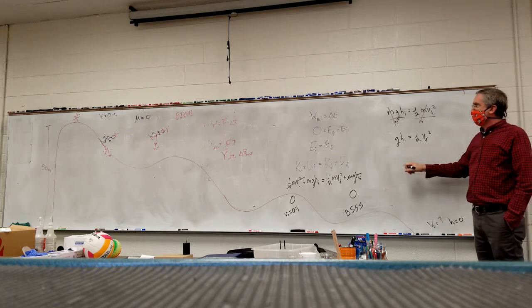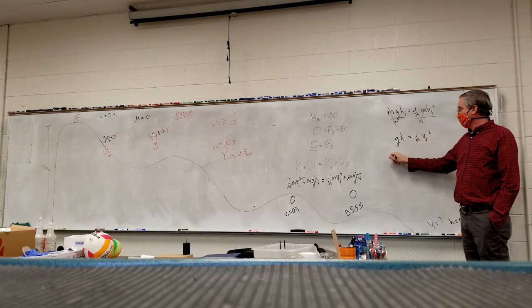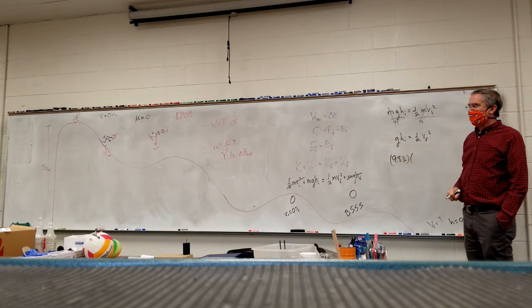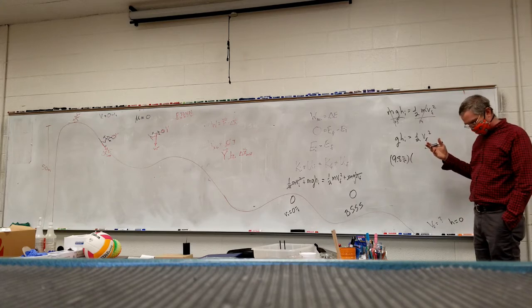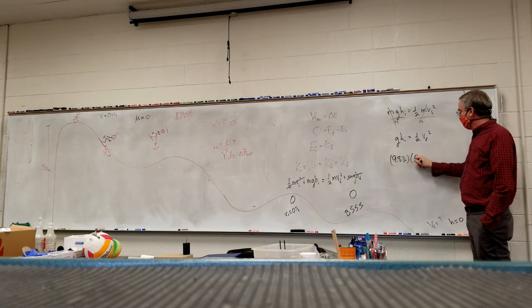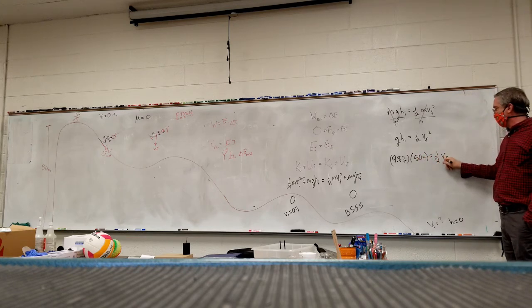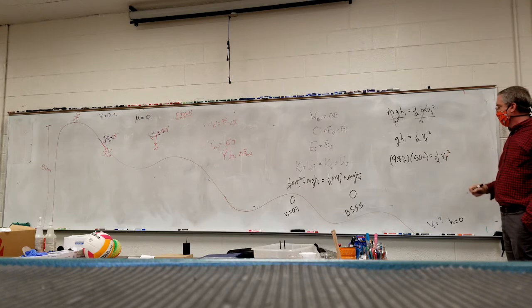All right, let's assume it takes place on Earth. So 9.8 meters per second squared times the initial height, which is 50 meters, equals 1/2 times v final squared. That's what we're trying to find.